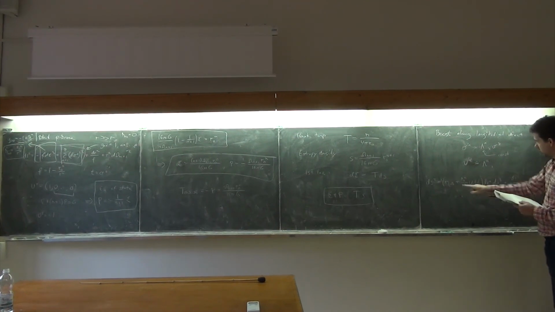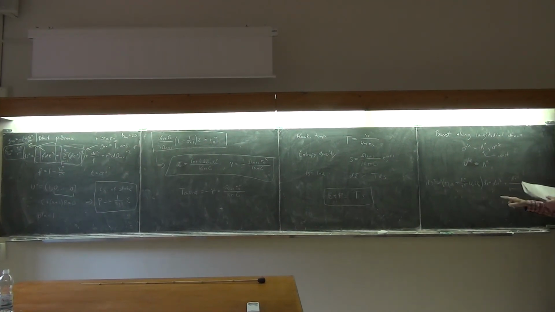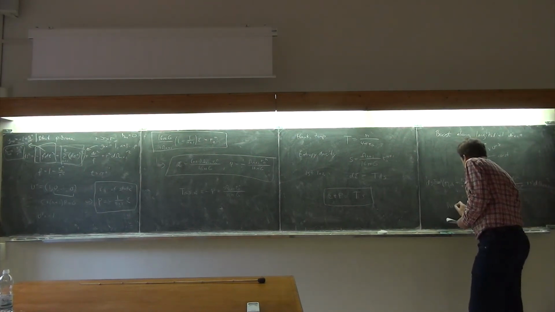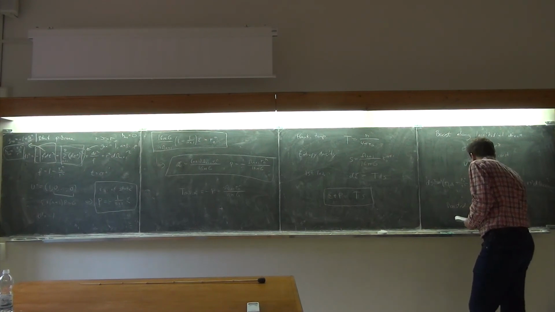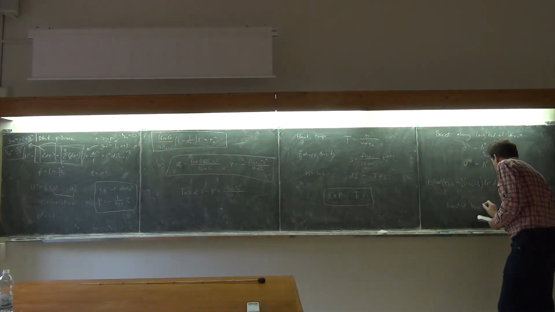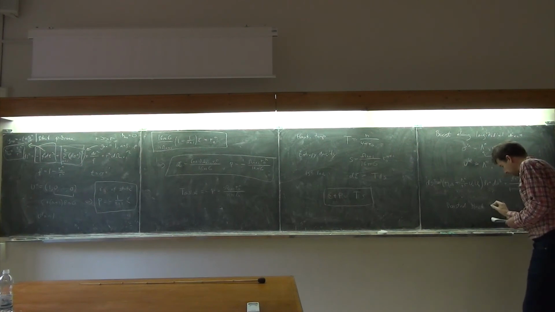So I won't put primes here, but there's a hidden prime in these coordinates. So this is what you call a boosted black p-brane, boosted along the worldvolume.